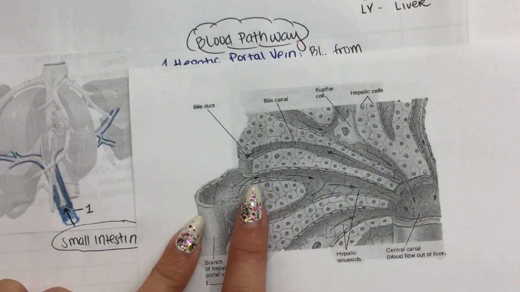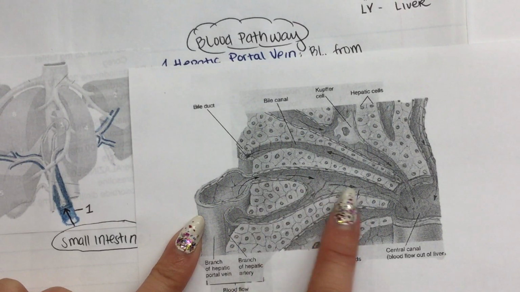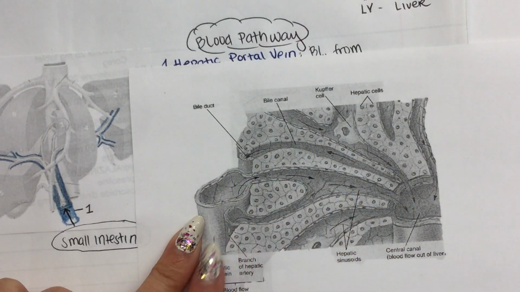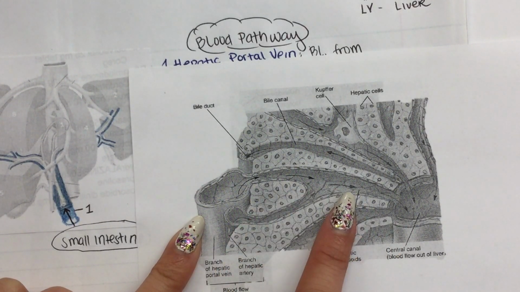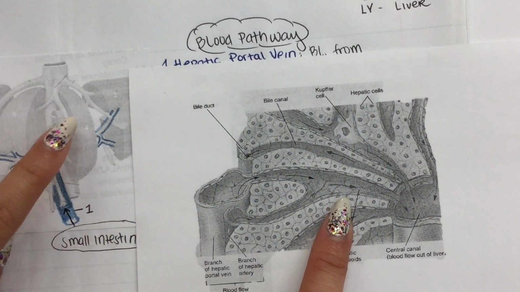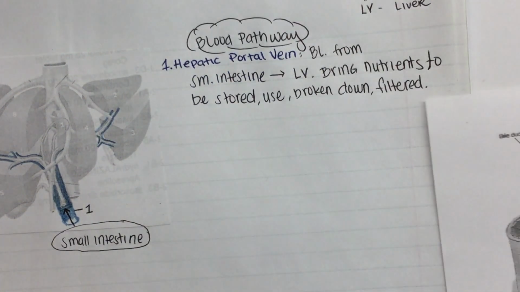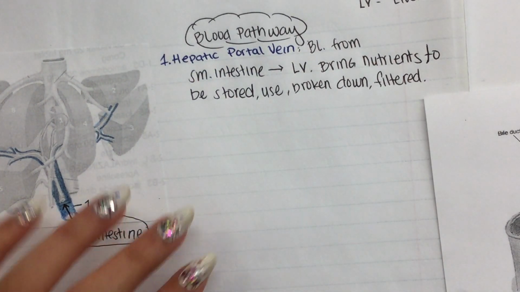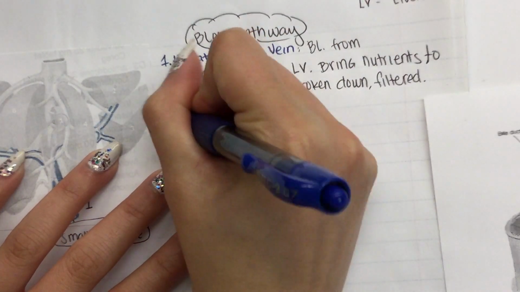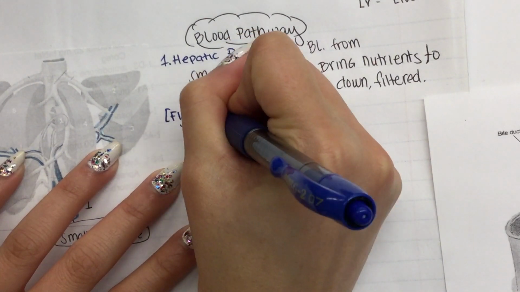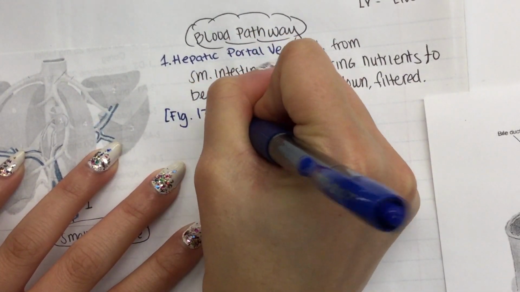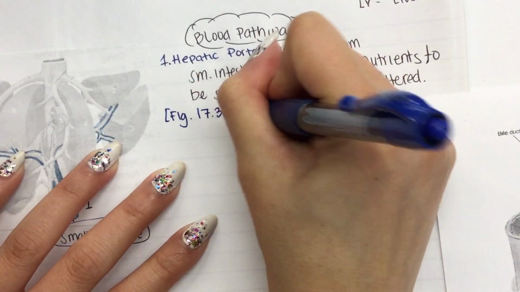So the next structure we're going to identify is this path right here, this little freeway for blood. This is called the sinusoid, but you can't see the sinusoid in the picture I just gave you. So what we're going to do on our paper in dark blue, I'm going to write sinusoid.